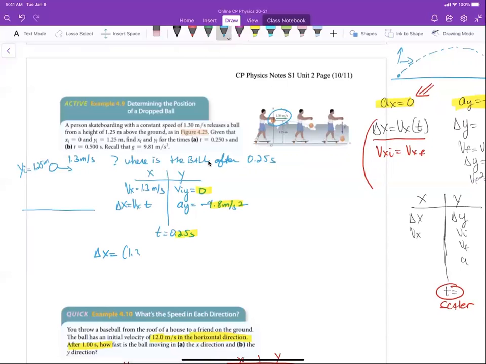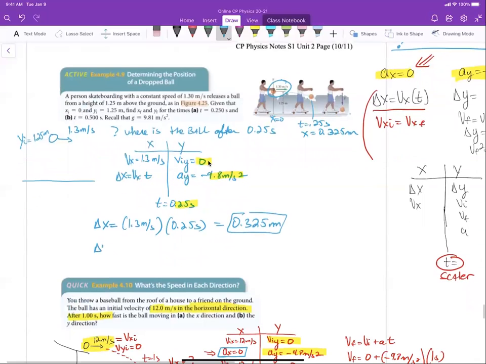That's 1.3 meters per second times 0.25 seconds, and that will be equal to 0.325 meters. So if this is x equals 0, by the time t equals 0.25 seconds, the x value will be 0.325 meters. Well, where will it be? What's delta y?